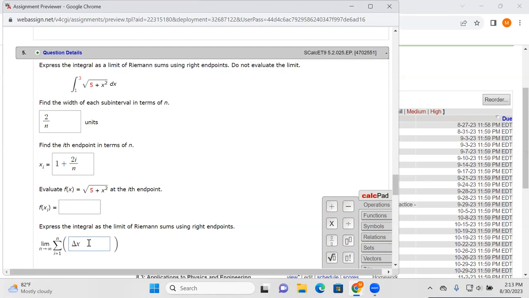So we can go delta x and then times f of x sub i, which realistically, we know what x sub i is. We did it before, 1 plus 2i over n. Now, yes, WebAssign will not take this to be your answer because delta x was 2 over n, and f of 1 plus 2i over n is the square root of 5 plus (1 plus 2i over n) squared.